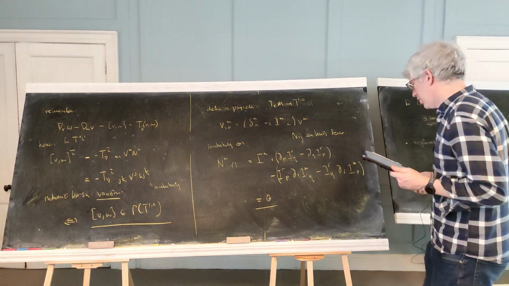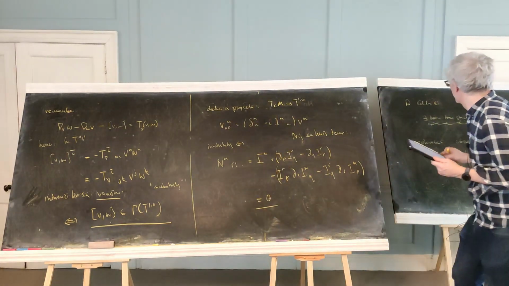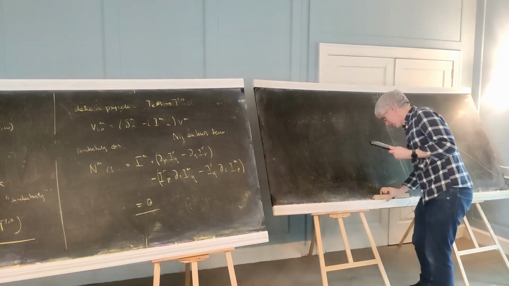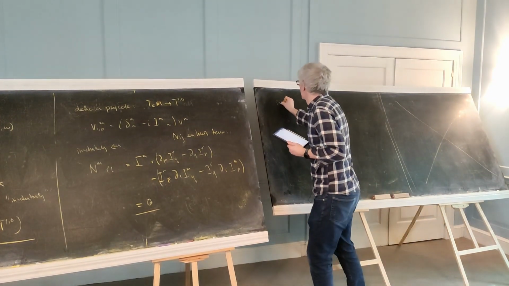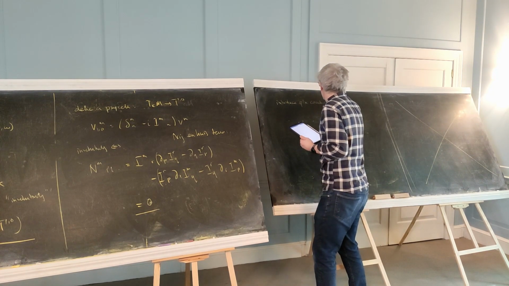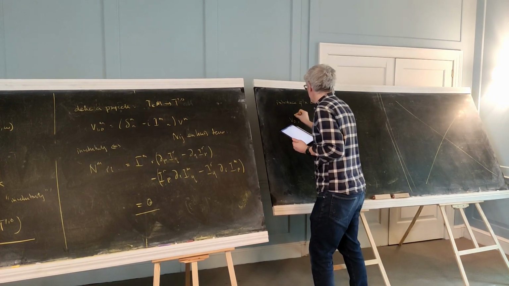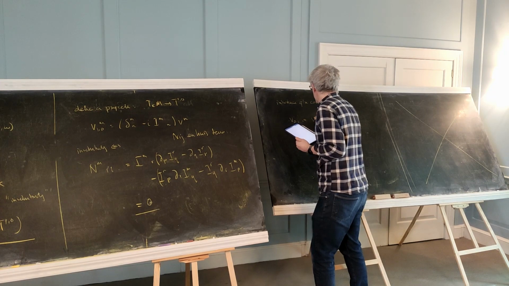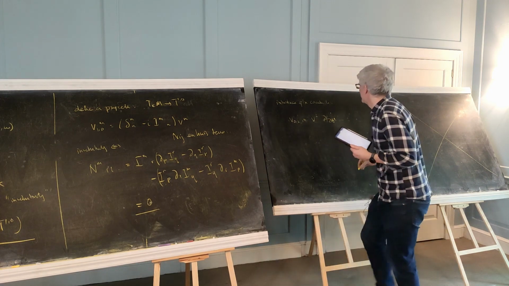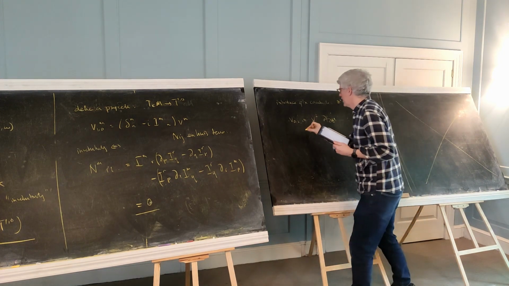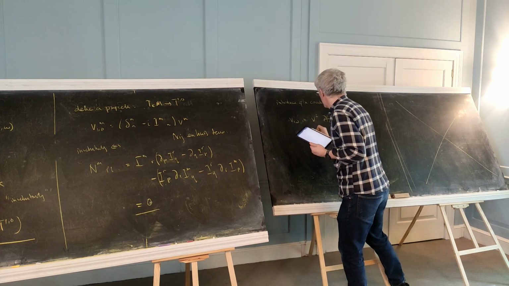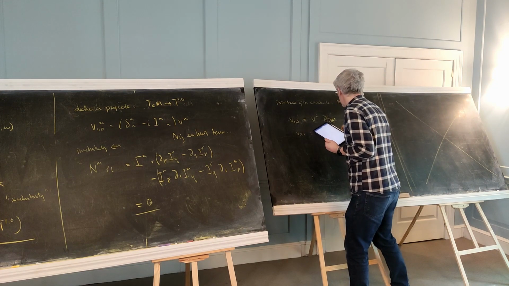And it also allows you, what it means is you can introduce complex coordinates, so that if I have a V10, I can write it as some V^i d by dz^i, and if I have a V01, I can write it as some V^i bar d by dz bar i.